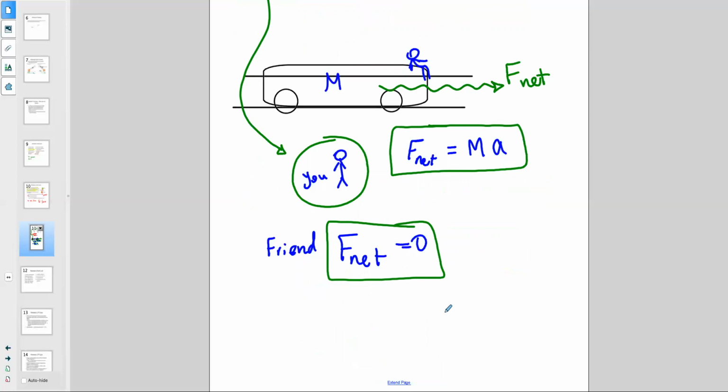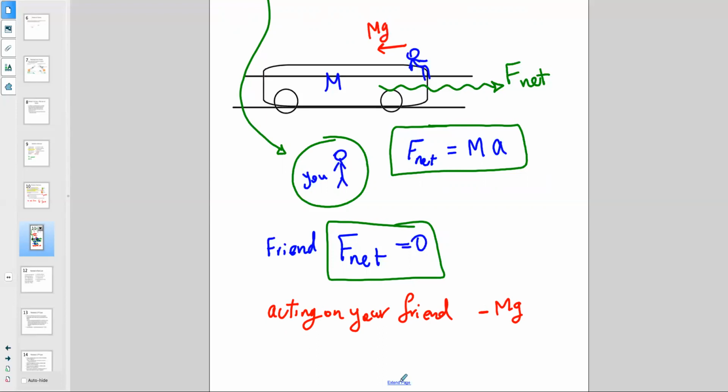And that force is acting on your friend. So we have to consider another force acting on your friend, which is negative mg, going that direction.